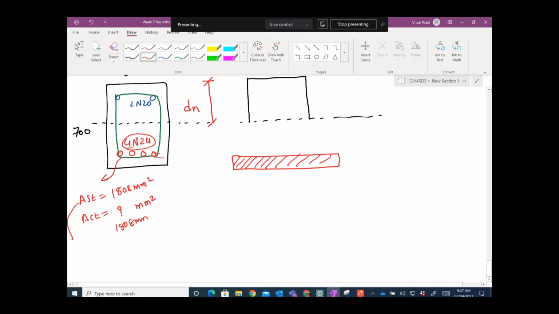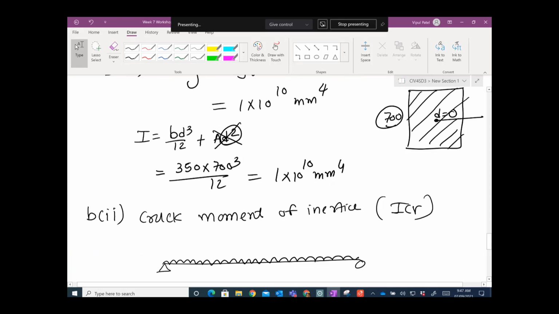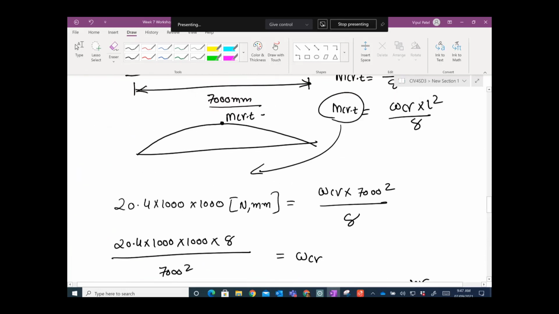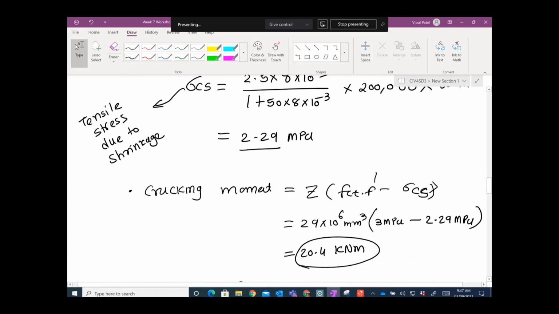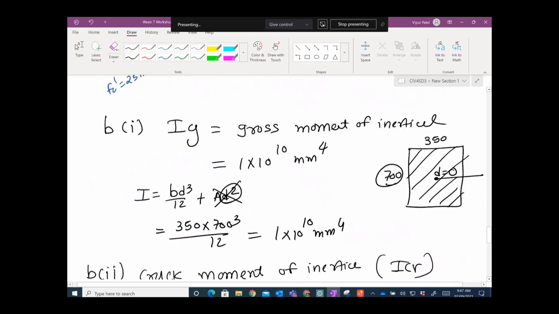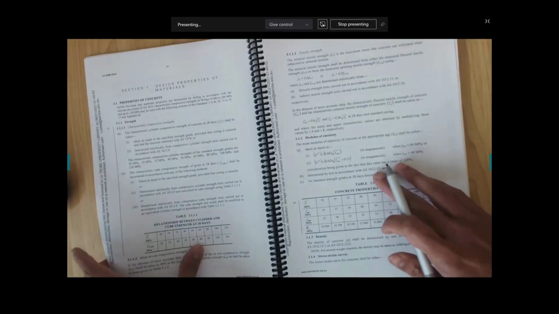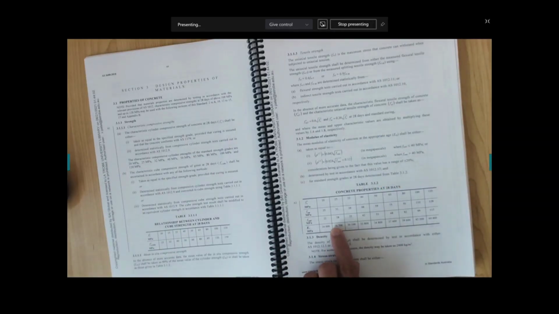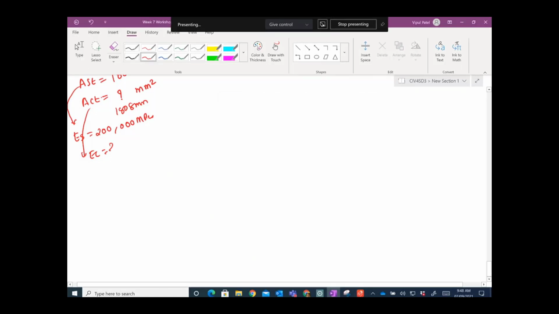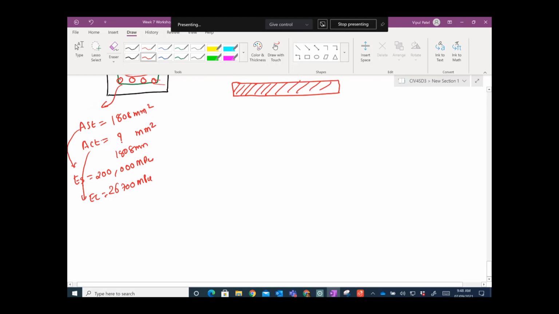Because the Young modulus of the steel is 200,000 megapascals, and the Young modulus of the concrete, we can just get it from the tables, is 26,700. So we have this gap because of different Young modulus; you can't use the same concrete area.